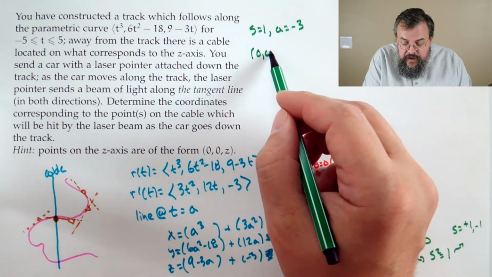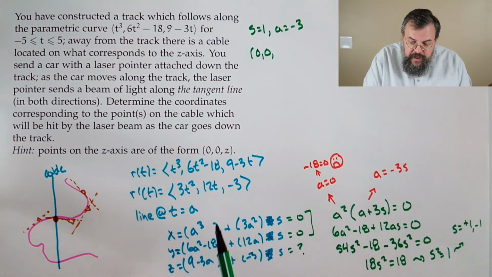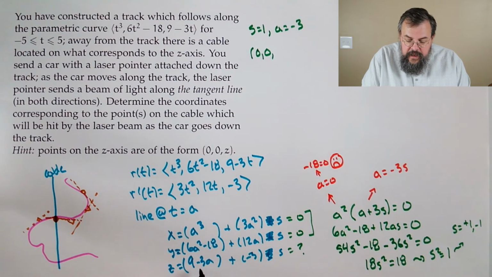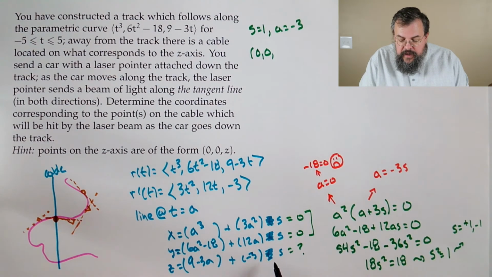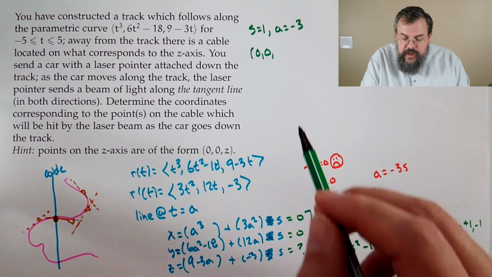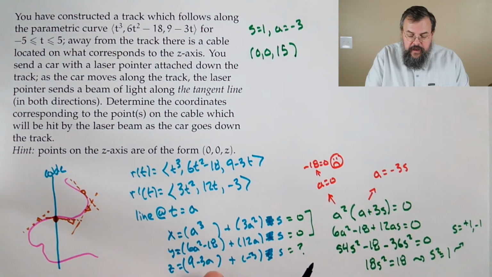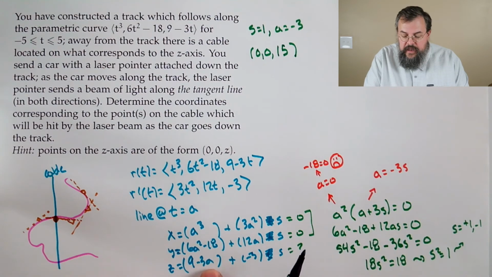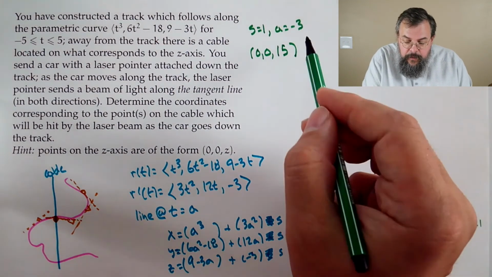Well, 0, 0, because they were set up to be 0 and 0. And now we plug them in. Since a is negative 3, we're going to get 9 minus 3 times negative 3. Well, that really makes 18. And then have minus 3 times 1. So 18 minus 3 makes it 15. Okay, plugging in, a is negative 3, 9 plus 9, then minus 3. All right, so that's one of our points.